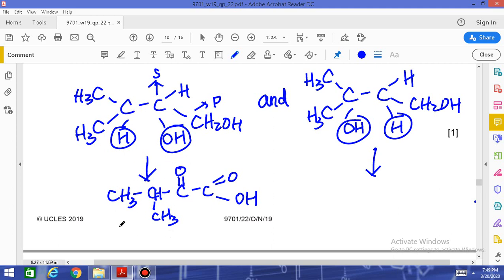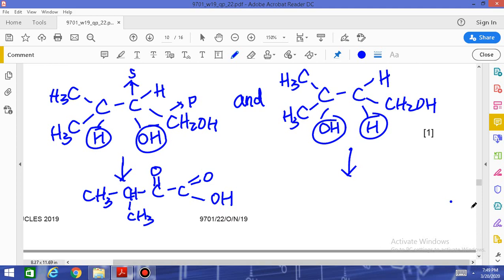And this one. Okay, next. This one. Let's check. We have a primary alcohol, and look at this one. This is a tertiary alcohol. The hydroxyl group is bonded to a carbon atom and this carbon atom is bonded to three other carbon atoms: 1, 2, 3.